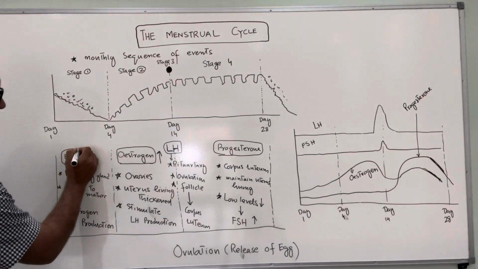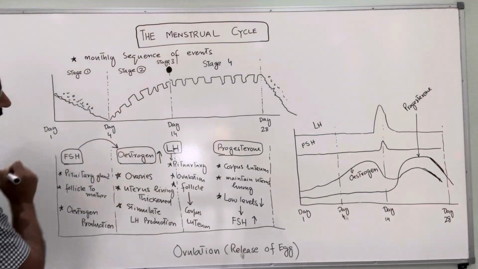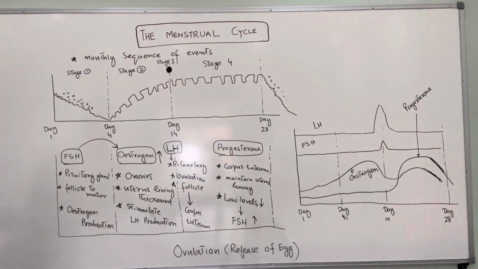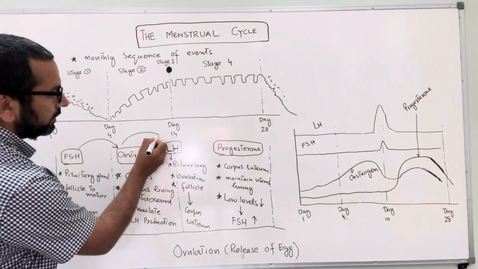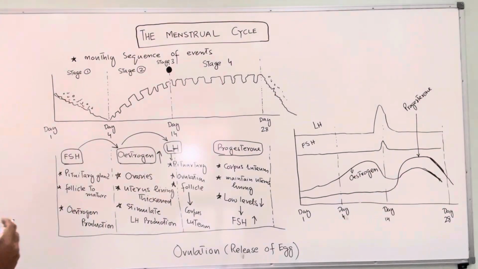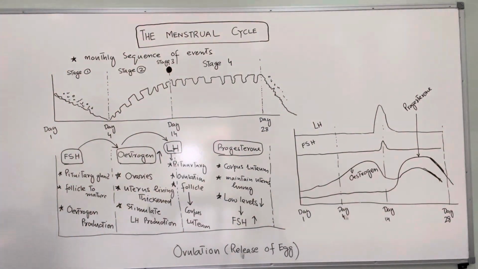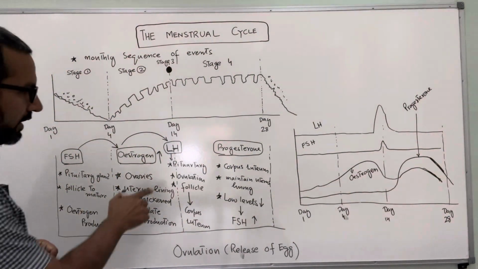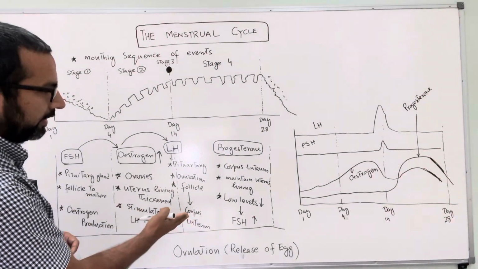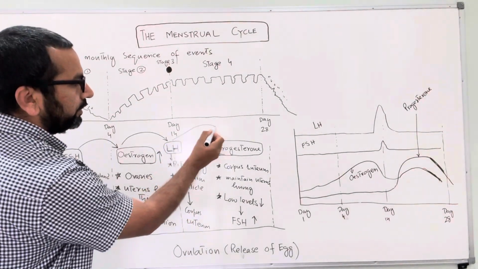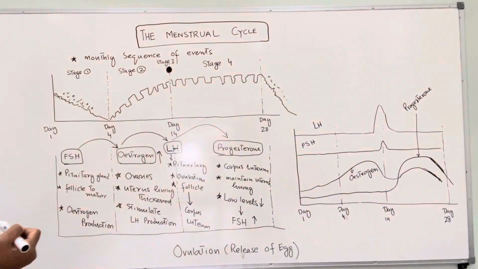So FSH stimulates the production of estrogen, and estrogen stimulates the production of LH, and then LH is indirectly involved in the production of progesterone.